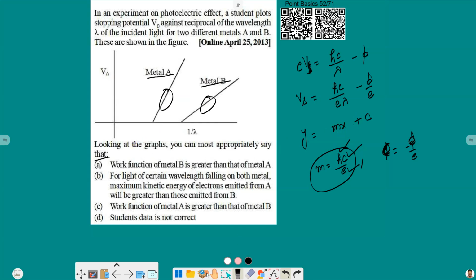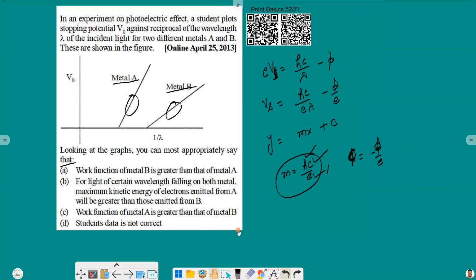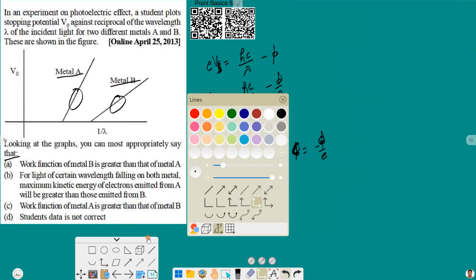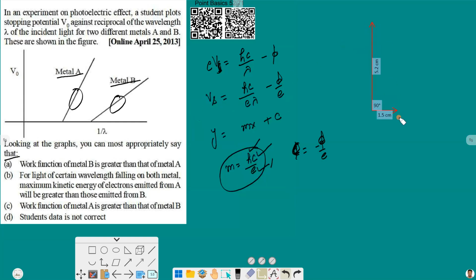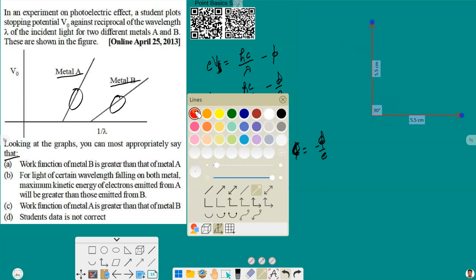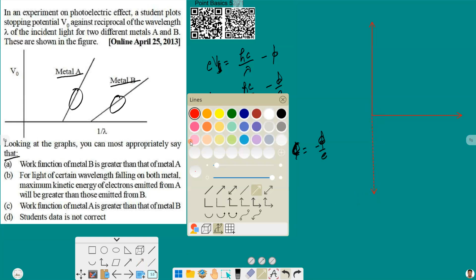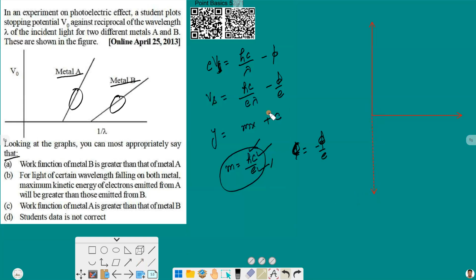Let me draw what type of information we will need. Let's suppose this is our axis, and here we have the negative x and negative y axis. Now coming to the first line, suppose this is the first line and this is the second line.